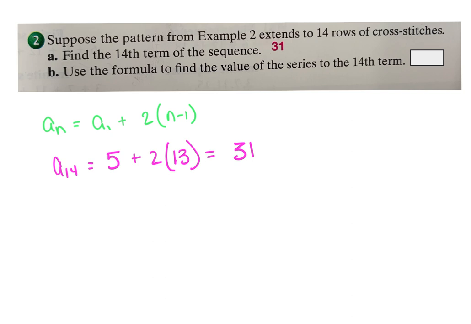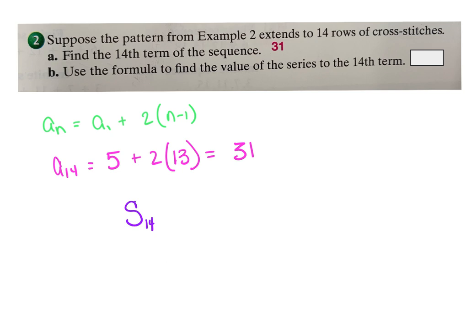All right. Now they want me to add up every single stitch that I now have if my roof extended to that many rows. All right. So now I can go back. How many rows now am I going to have? 14 rows. So that's going to be my n. So now I'm doing, by the way, it's notated this way, summation of the 14 rows, okay?